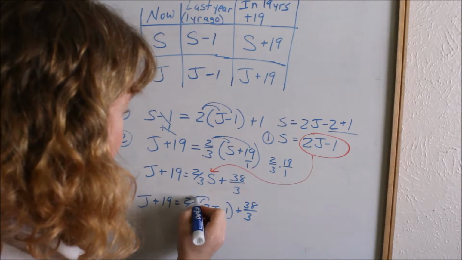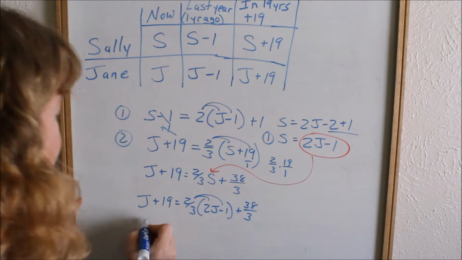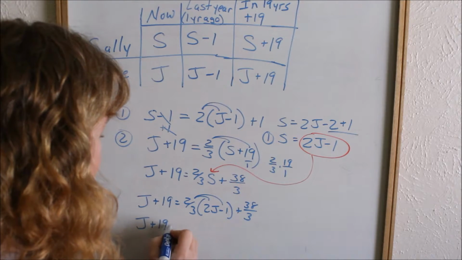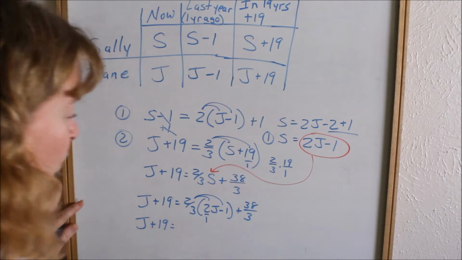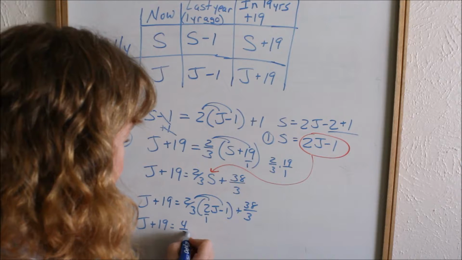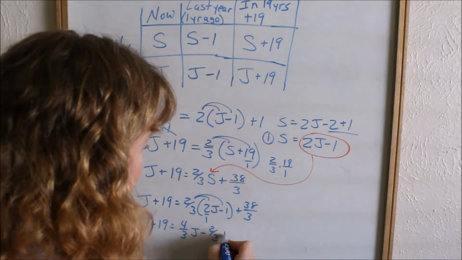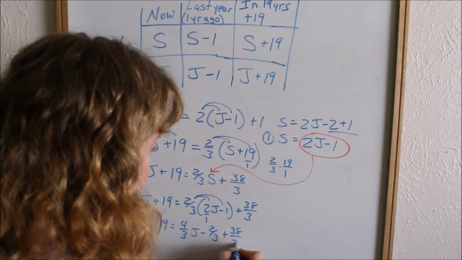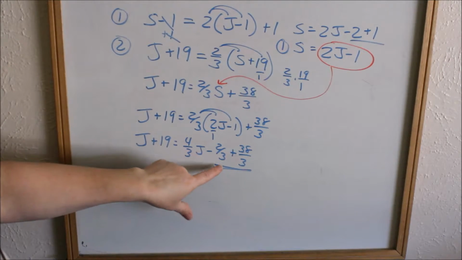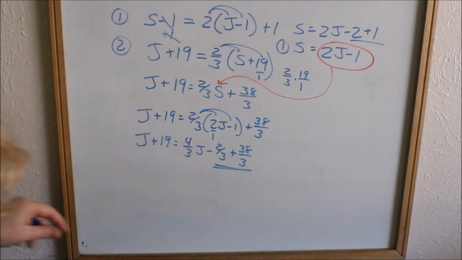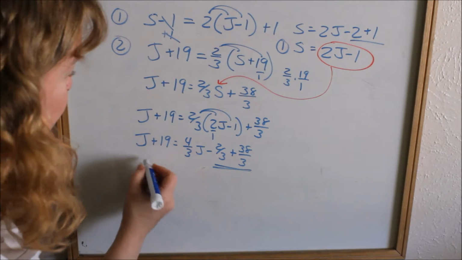Okay, distribute that. So J plus 19 equals, this is like over 1, so that would be 4/3 J minus 2/3 plus 38/3. Okay, these two already have a common denominator, so we can combine those numbers.